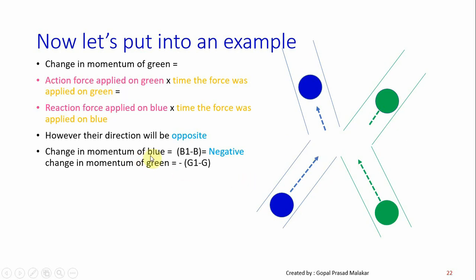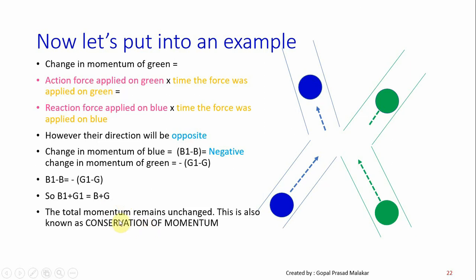So change in momentum of blue equals negative change in momentum of green. So B1 minus B equals minus (G1 minus G). Now bring G1 to this side, and it gives you B1 plus G1 equals B plus G.